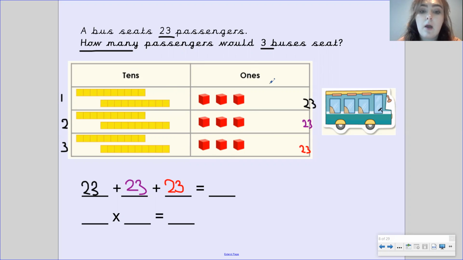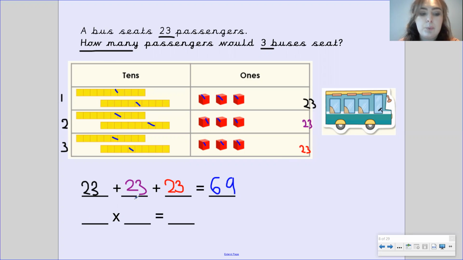Now to do this, we need to add them together, and we always start with our ones. So let's count how many ones we have. Let's count together. 1, 2, 3, 4, 5, 6, 7, 8, 9. So I've got 9 ones. Now let's count the tens. 10, 20, 30, 40, 50, 60. So our answer is 69.